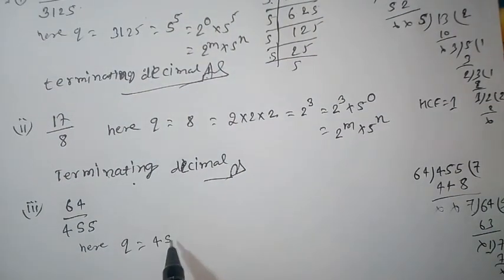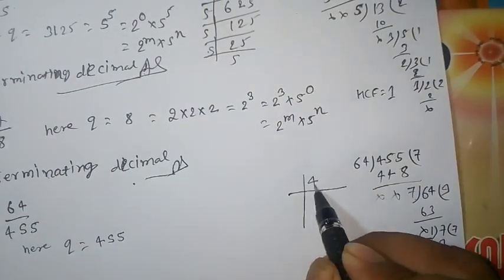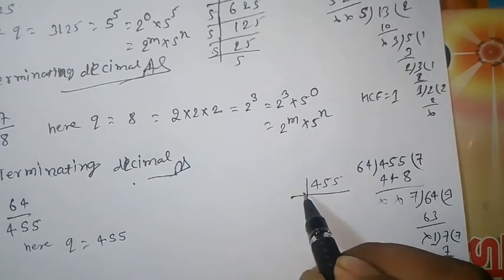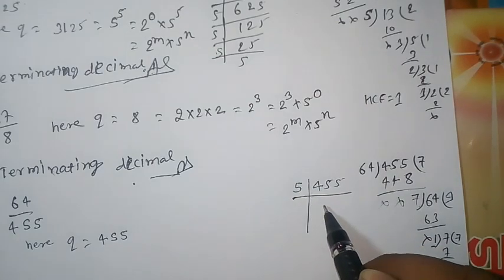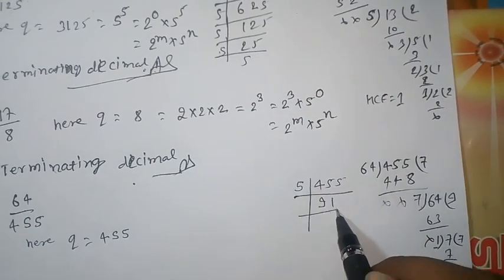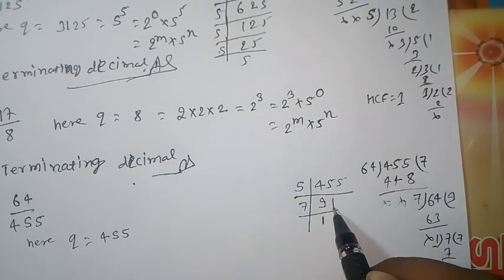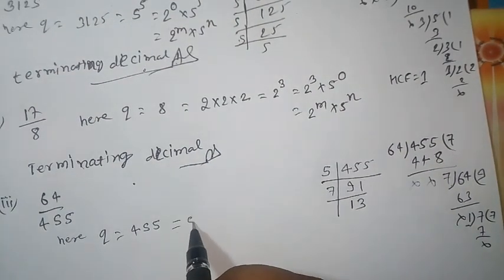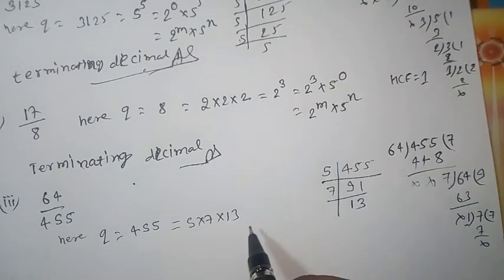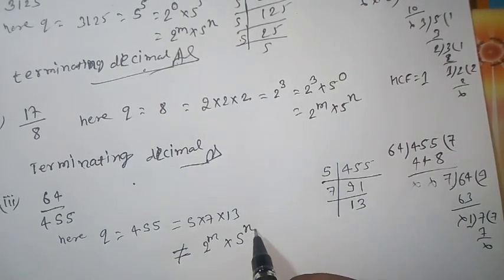Now here Q is equal to 455. Find prime factorization. 455 divided by 5, 91, 7, 13. 455 is equal to 5 into 7 into 13. This is not in the form of 2 to the power m into 5 to the power n.